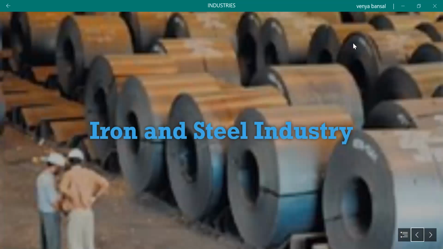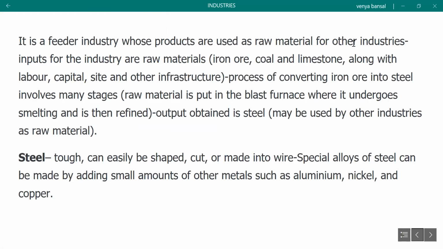Talking about the iron and steel industry, it is the backbone of all industries because it is also known as the feeder industry. Let's understand why. As I have just said, it is a feeder industry whose products are used as raw material for other industries' inputs. The process of converting iron ore into steel involves many stages.